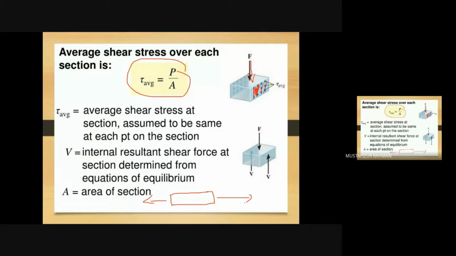Be it shear stress or direct stress, the formula is force by area. When it's direct stress, we are looking at the area which is perpendicular to the applied direction of load. That is the cross section we are looking at. And when it is shear stress, we are looking at the area which is parallel to the applied force.